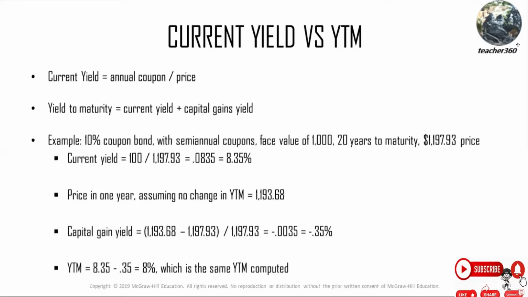For a premium bond, the reverse is true, meaning that current yield would be higher because it ignores the built-in loss. Again, current yield considers only the coupon portion of your return and does not consider the built-in gain from the price discount.